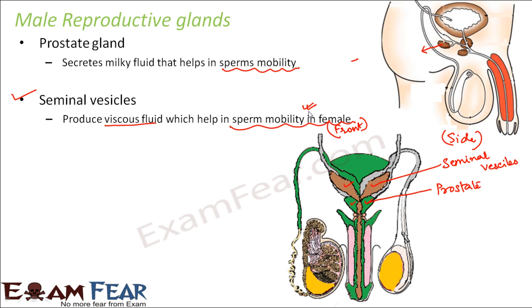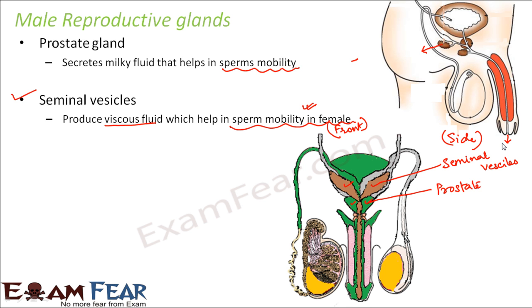That's because the female sex cell will not be able to move. So the male sex cell, that is sperm, has to move first inside the male body, then it has to come out from the urethra, and then it has to enter the female body and travel inside it until it meets the female sex cell.